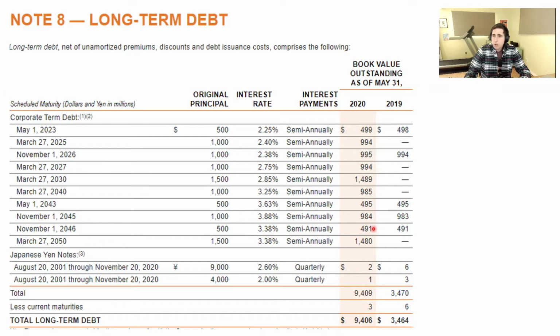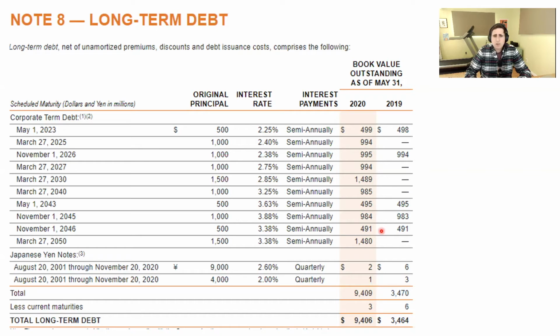Finally, the final two columns are the book value as of 2020 and 2019. The book value looks like it remained constant from 2019 to 2020. But if you saw the whole balance, you'd see that this book value is still working its way up towards the face value of 500 million. The book value of bonds amortizes up towards face value over the term of the bond.